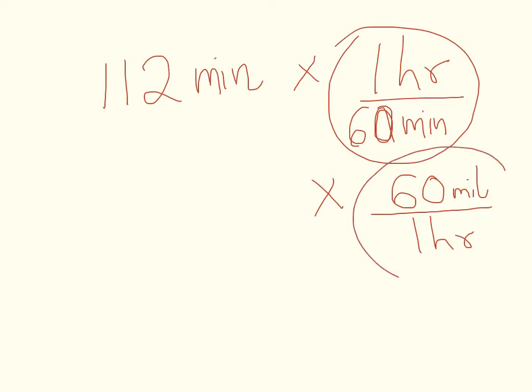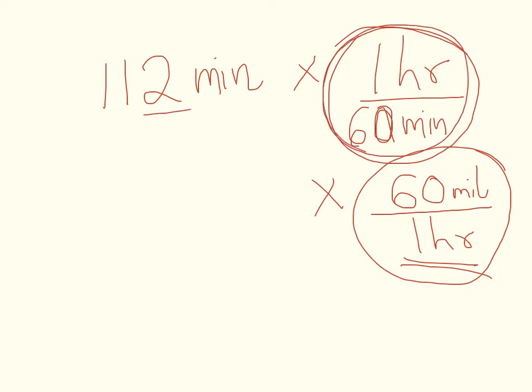This is a fact about the car. So that means when this car travels for 1 hour, the normal speed of the car is that it travels 60 miles in 1 hour. We also know that every 1 hour has 60 minutes. So in 112 minutes, how many miles has the car traveled?